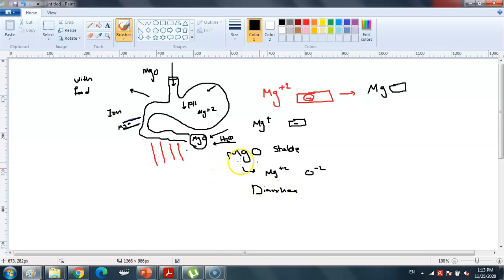But on the other hand, one of the benefits of magnesium oxide is, number one, it carries a high percentage of magnesium per tablet. So let's say this is the magnesium oxide tablet.